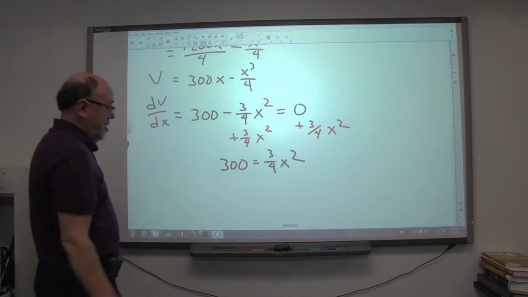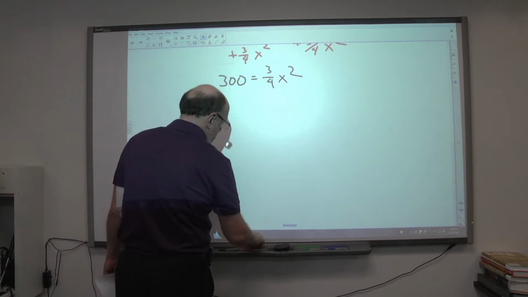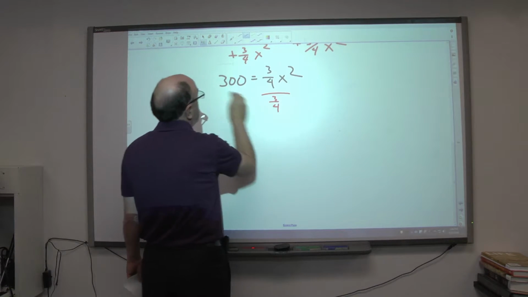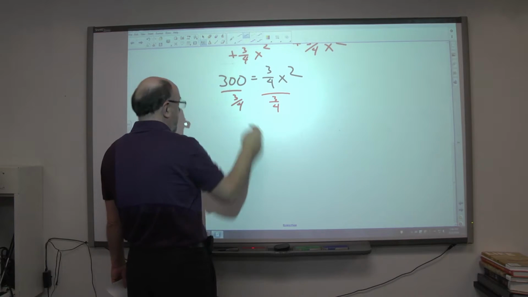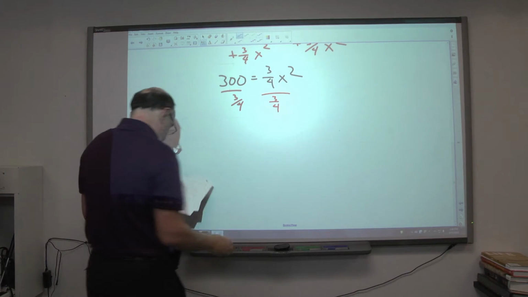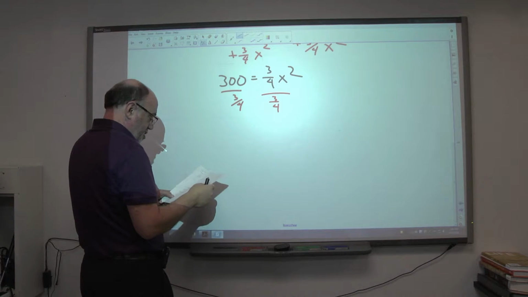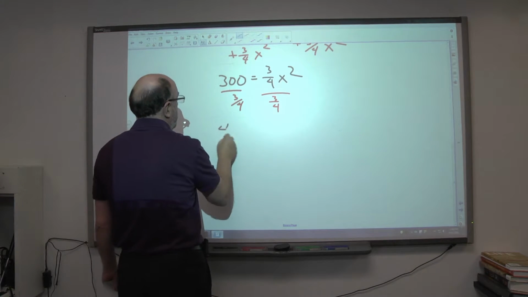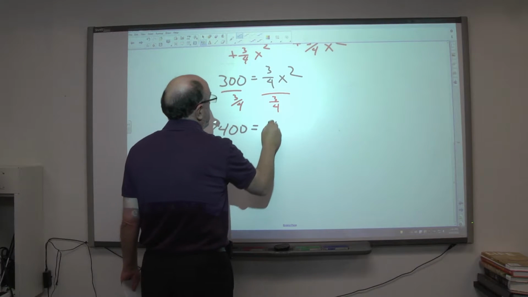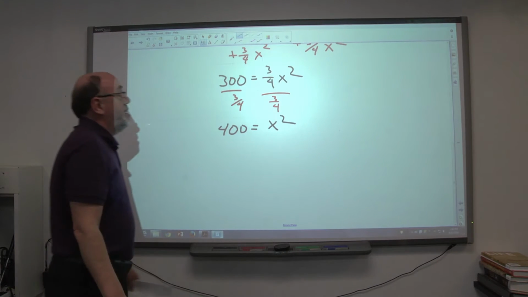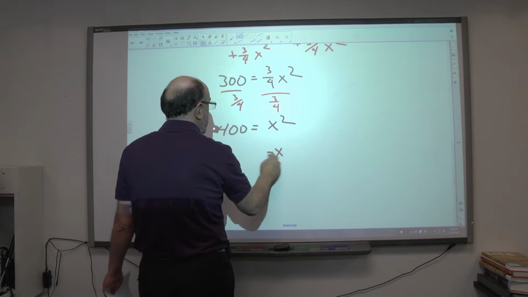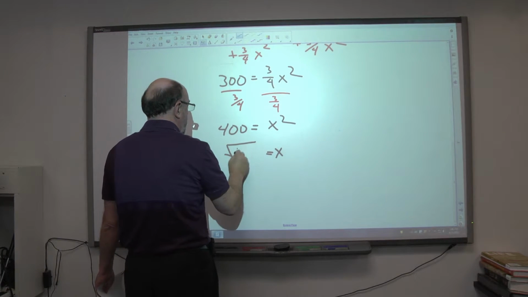We then want to get rid of the 3/4. So divide this by 3/4. And so we get 400 equals x squared. Opposite of squaring is to take the square root. So x is going to be the square root of 400.